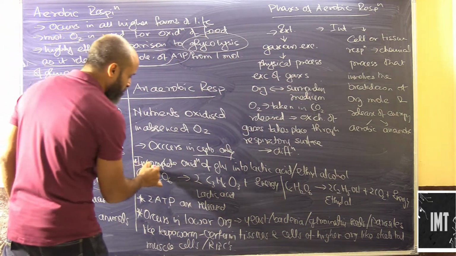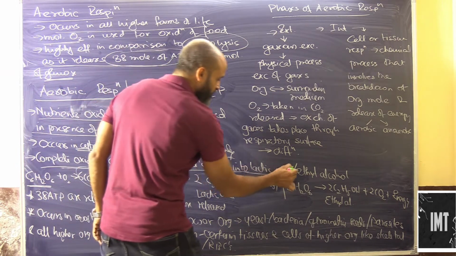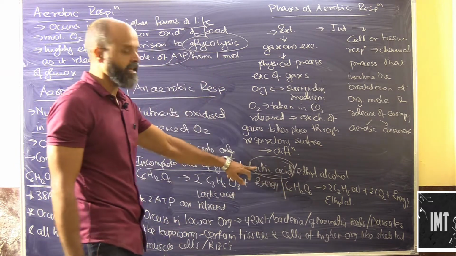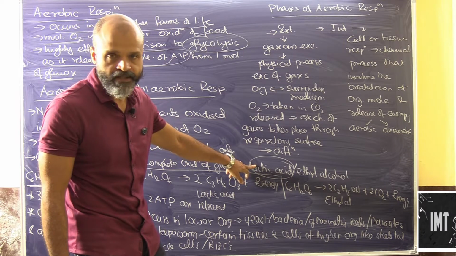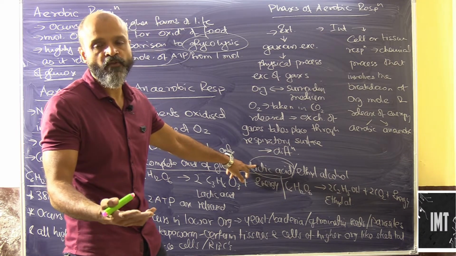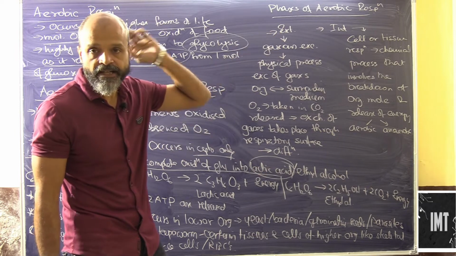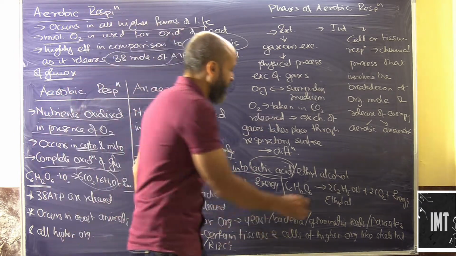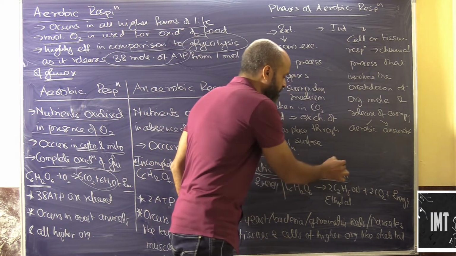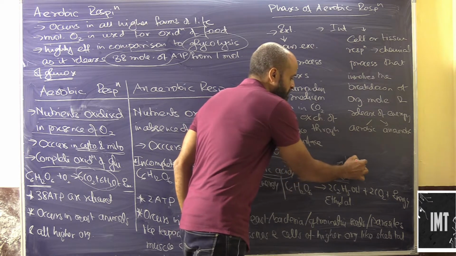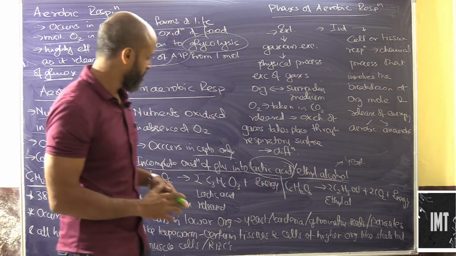Anaerobic respiration is incomplete oxidation of glucose, which forms lactic acid. Lactic acid is formed in skeletal muscle cells when we undergo rigorous exercise, and it is carried to the liver by blood. Or it forms ethyl alcohol, which happens in organisms like yeast during fermentation.